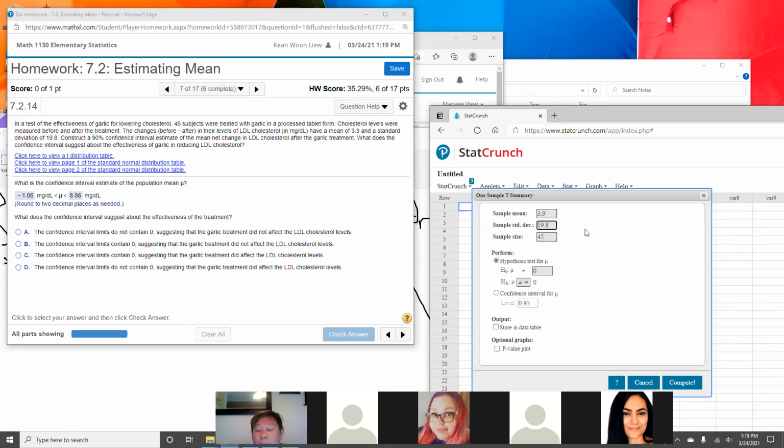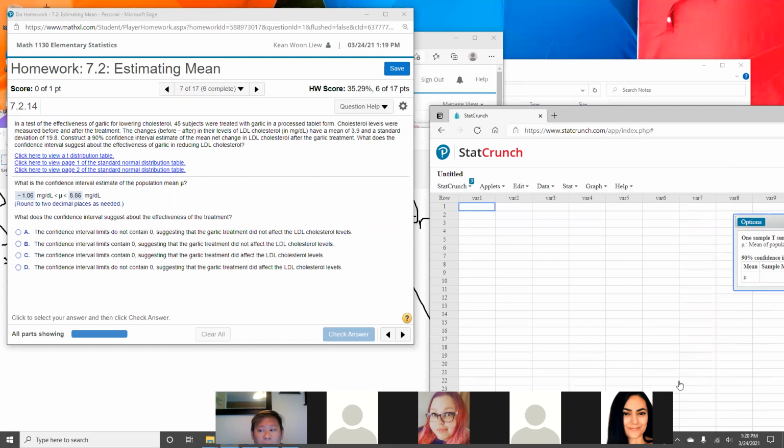And then the confidence interval, you click on this one, right? Yeah, it's 0.90 for that, and then compute. Yeah, but for my problem, I have different numbers, and I did the exact same thing, but I'm not getting the right answer.